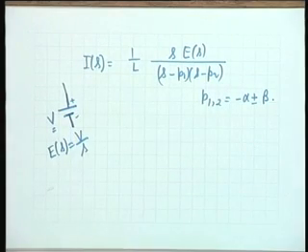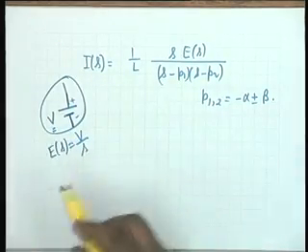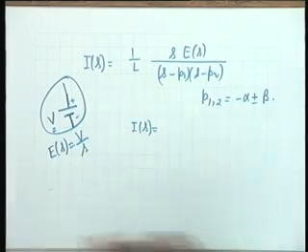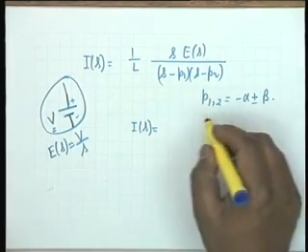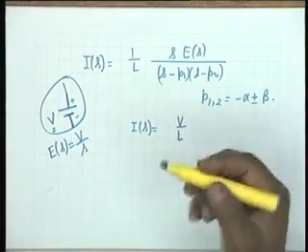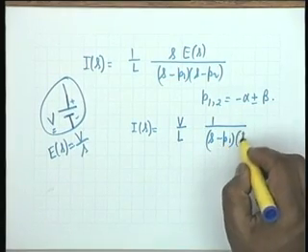If E of t is this, then E of S is this, and therefore I of S, we are now considering a special case, will be equal to V by L. S will cancel, and therefore we shall have simply S minus P1, S minus P2.